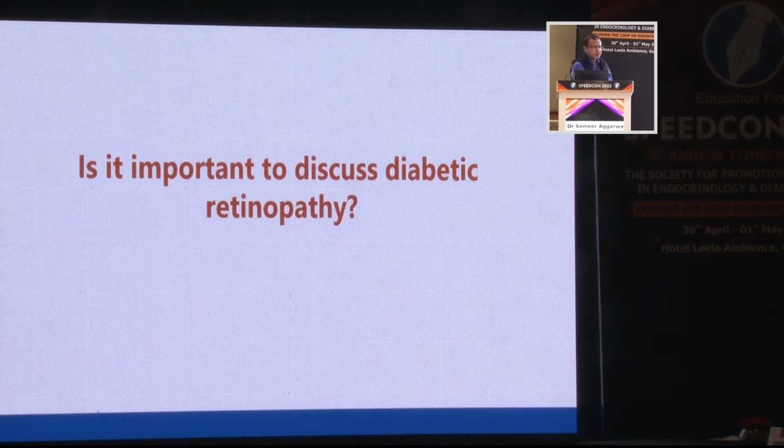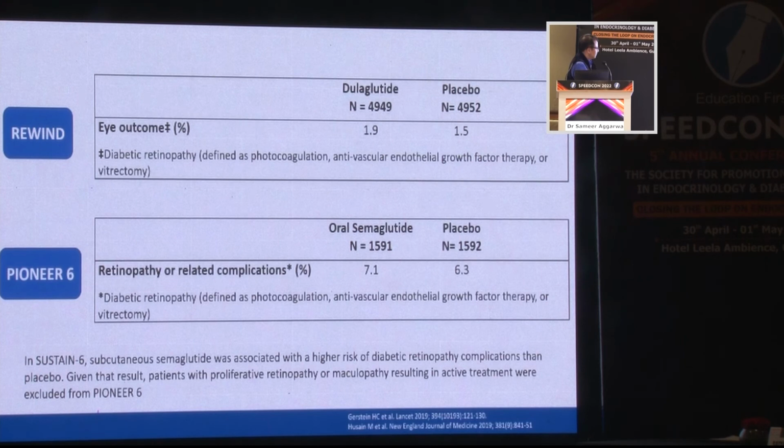So that we still do not know. Maybe the intensive control which happened with this molecule led to increased retinopathy, but we should be careful which GLP analog is associated with retinopathy, because you are dealing with type 2 diabetic patients and many patients must be having underlying retinopathy. So I think we should not be using those molecules which have adverse events with regards to diabetic retinopathy. I think SUSTAIN showed it.